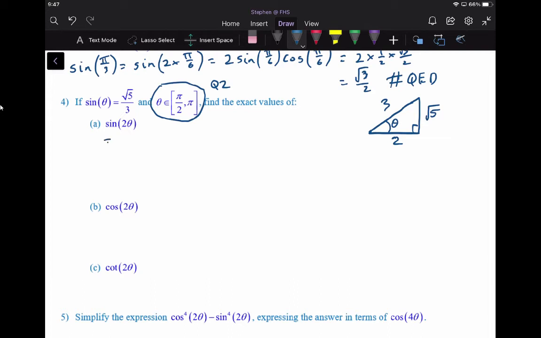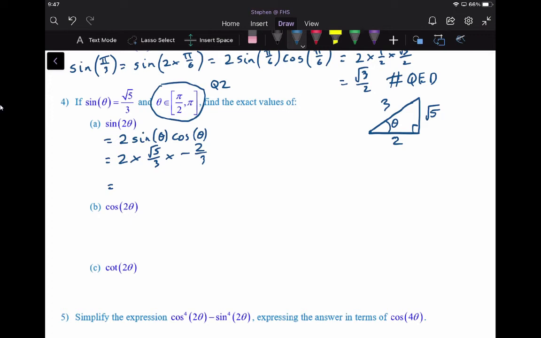So let's write that out. Sine 2 theta is equal to 2 sine theta cos theta. That's 2 times sine theta, which is root 5 on 3, times cos theta, which is negative adjacent over hypotenuse, which is 2 over 3.